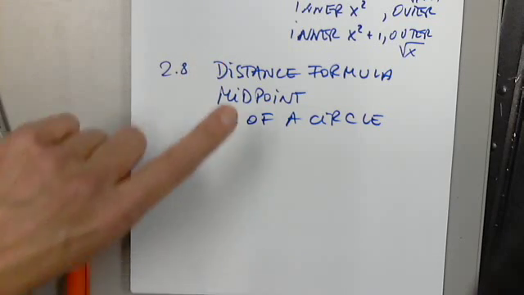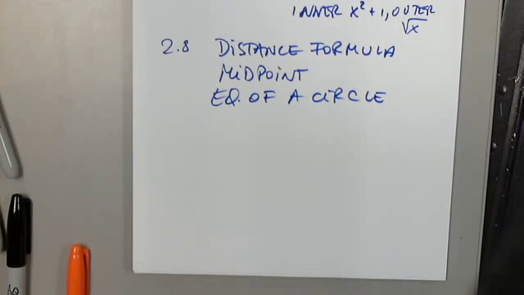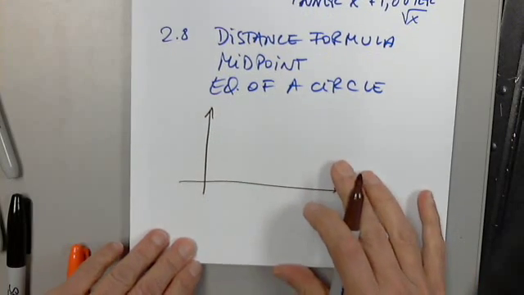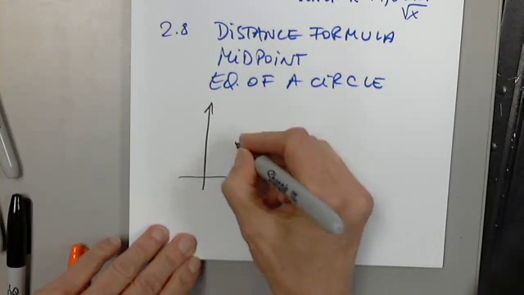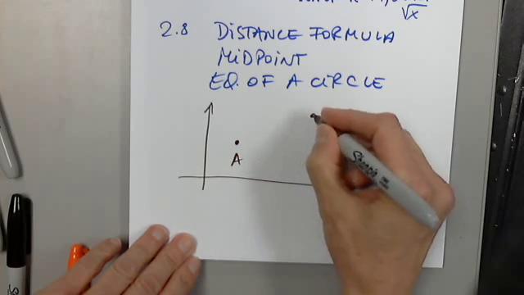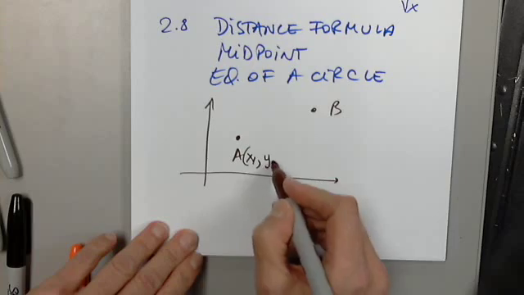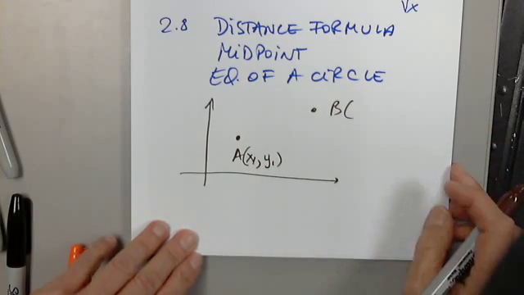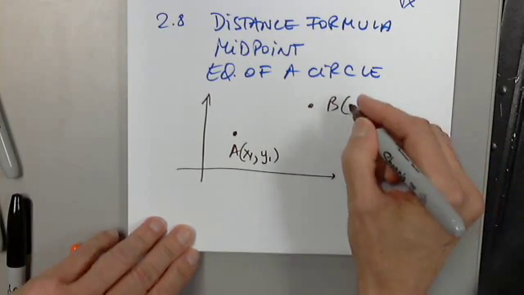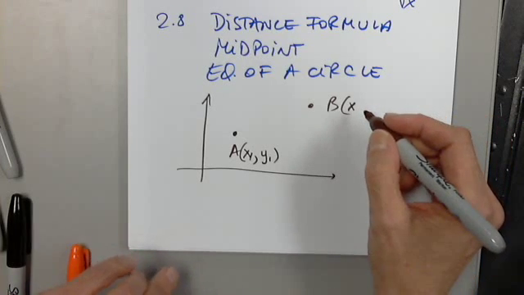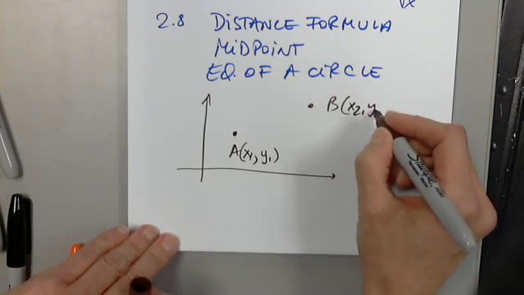So let's start with the distance formula. We're interested in determining the distance between 2 points. So I'm going to call this point A, I'm going to call this point B, and A will have coordinates x1, comma y1, and of course B will have coordinates x2, y2.